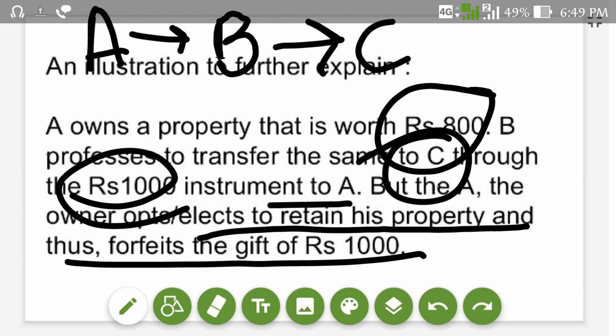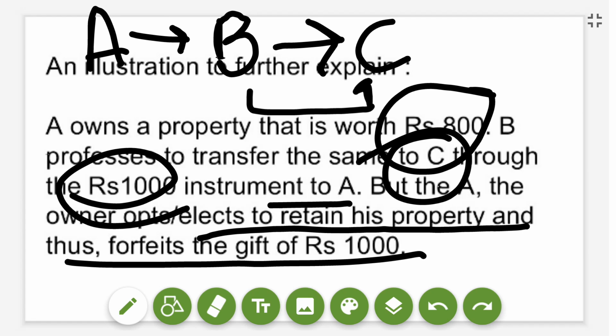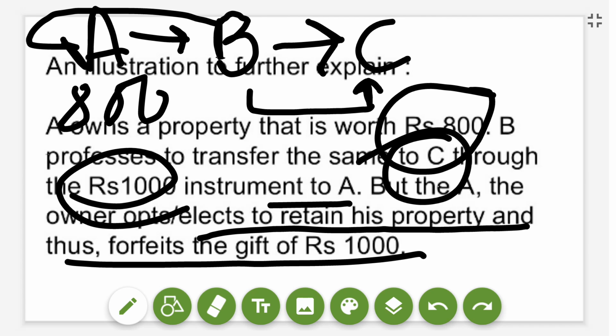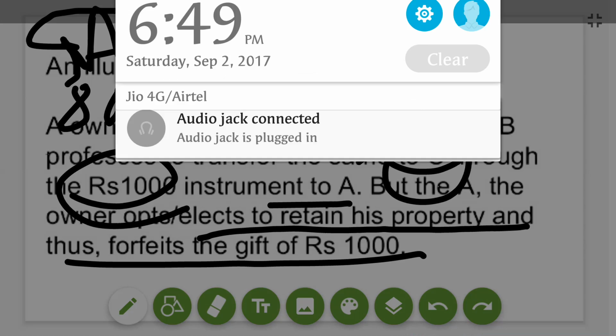So B says to C that I'll transfer you the property of A, and the property of A is worth rupees 800. So B says to A that I'll give you rupees 1000 if you give me your property, and I'll transfer that property to C. But A dissents.